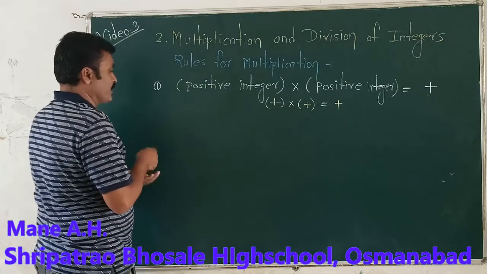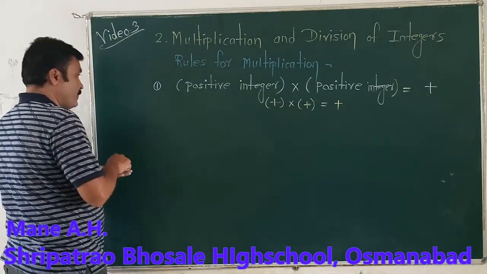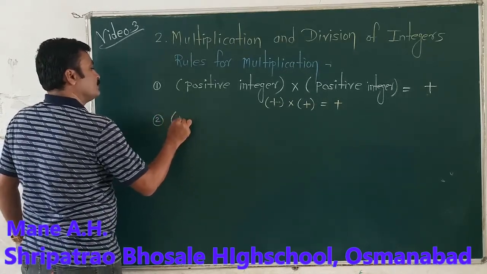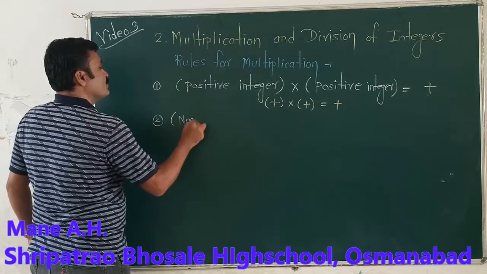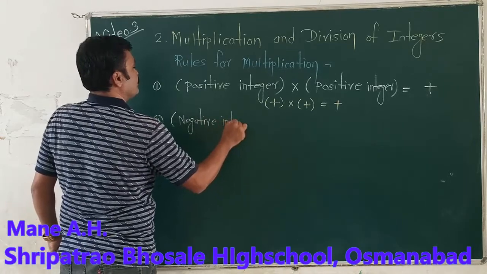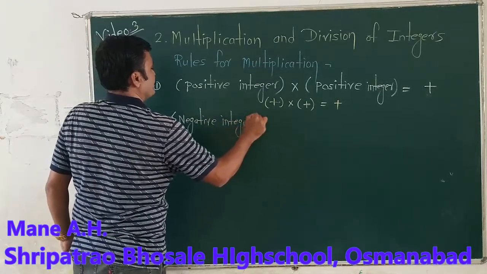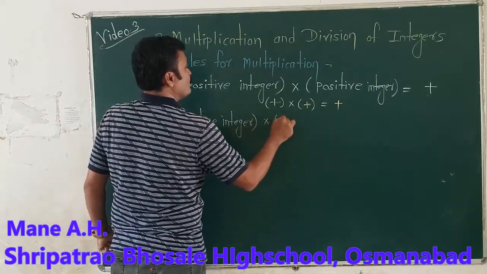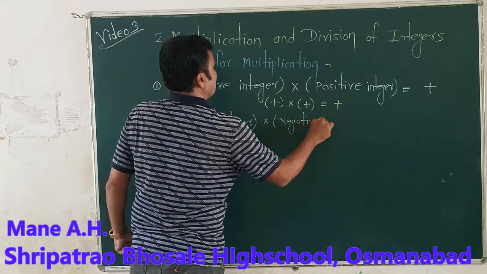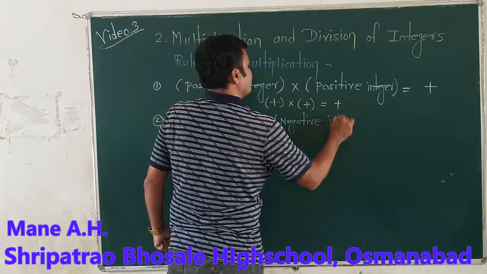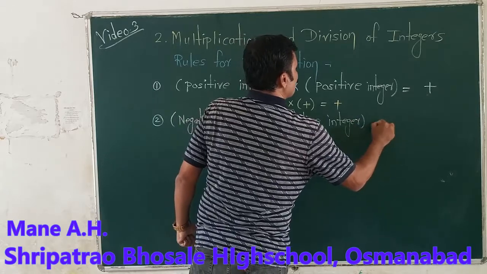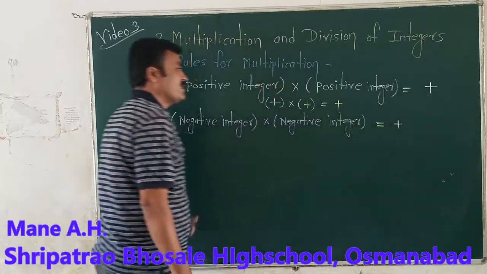Thereafter, second rule that here I am writing in front of you. Negative integer into negative integer is equal to, again it makes plus here.